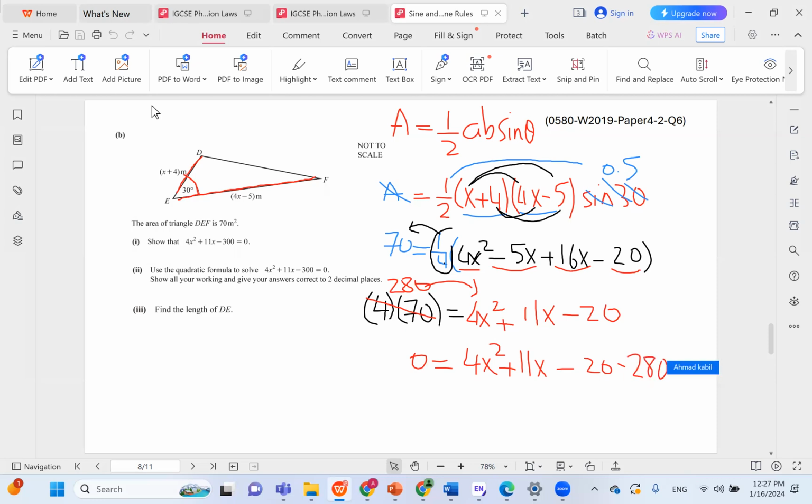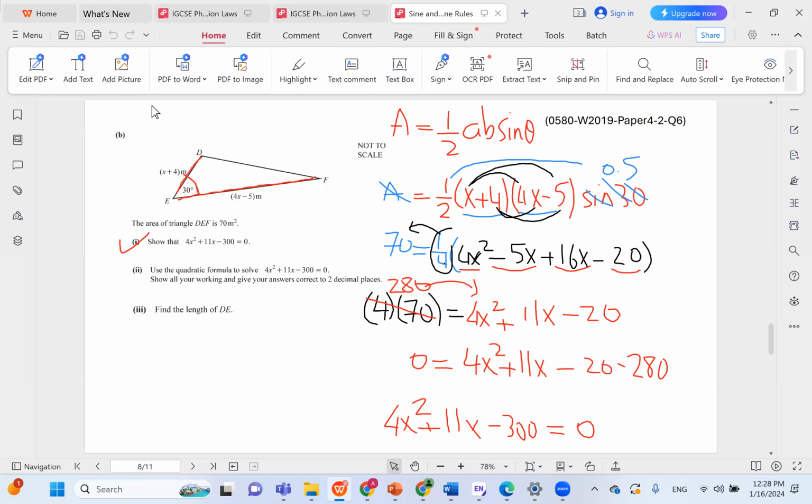So we can just simplify this again. It's okay to switch sides and have the 0 on the other side. It's just 4x squared plus 11x minus 300 equals 0. And since question I was asking us to show this exact equation, we can consider it done. We are correct. We found the correct equation.